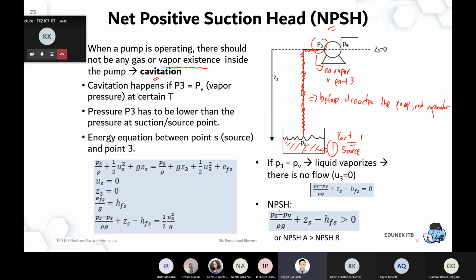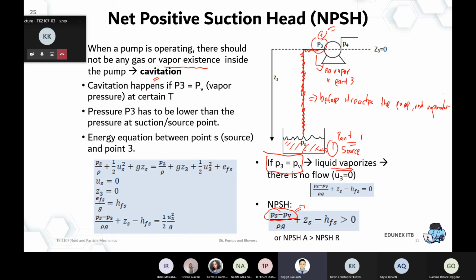Okay, so that's the keyword over here. This one is actually the important one. If P3 is equal to PV, P3 is over here. If P3 is equal to PV, that's the limit when liquid starts to vaporize.